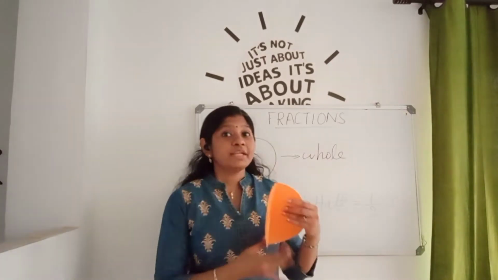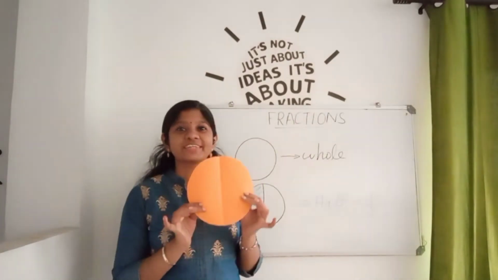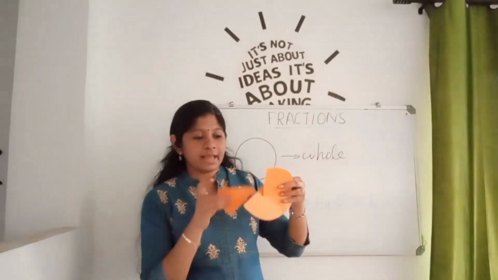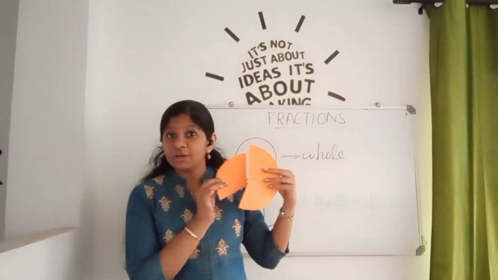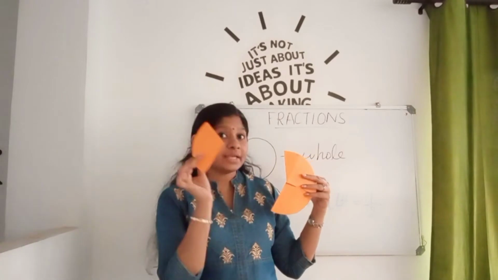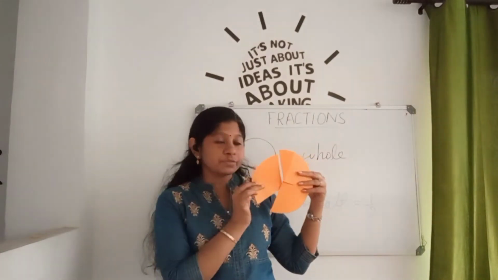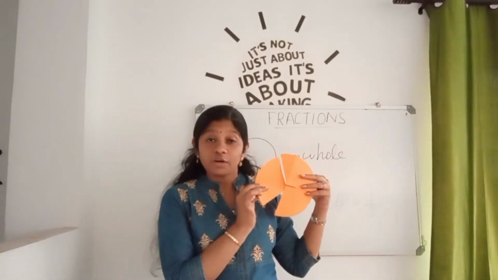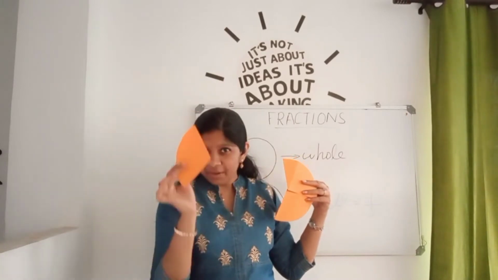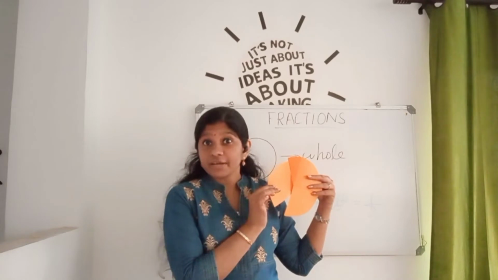Now, what if we are dividing this whole circle into three equal parts? See, like this. And I am taking one part out of these three equal parts. What is the fraction? 1 by 3.